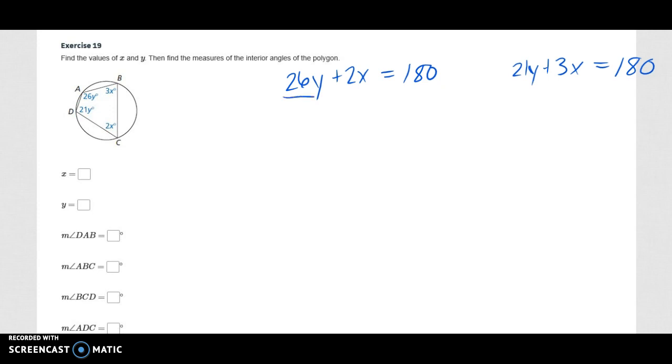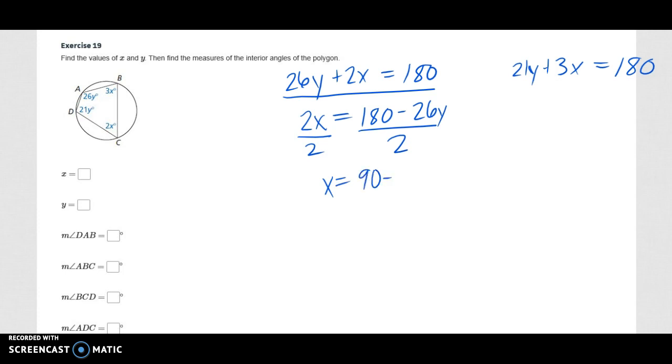So I'm going to choose this first equation here, and I'm going to solve for my x value, or get x by itself. So I'm going to subtract that 26y from both sides to get 2x = 180 - 26y. Then I want to divide by 2 on both sides to get x = 90 - 13y.